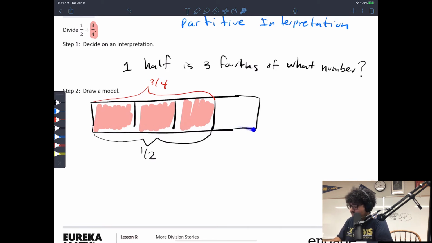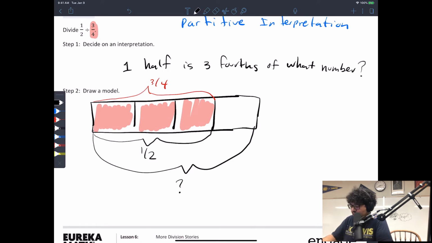The what number is the entire thing. So we're looking to see what the value of all 4 of those little boxes is. Again, I'm looking for the value of this whole thing. So the question: 1/2 is 3 out of 4 of what number?